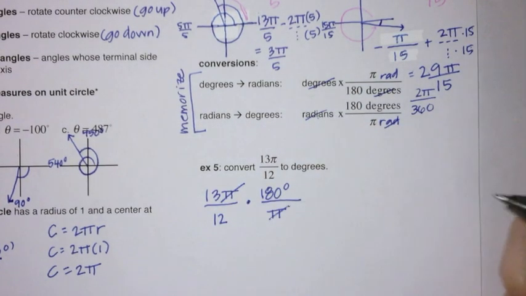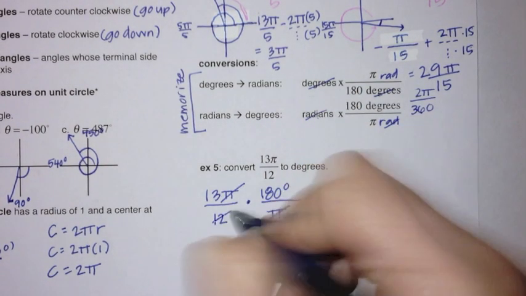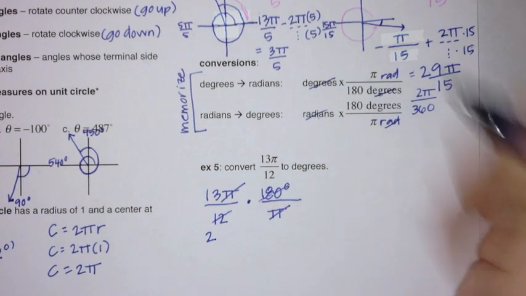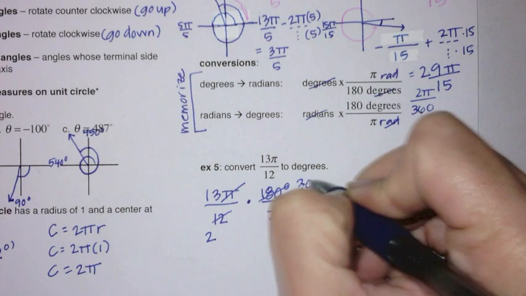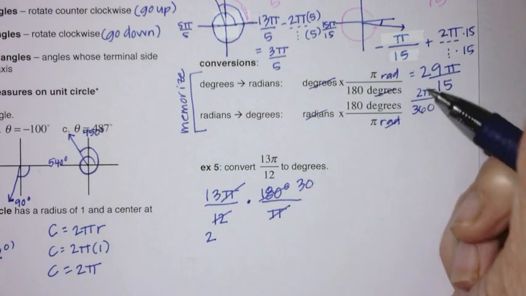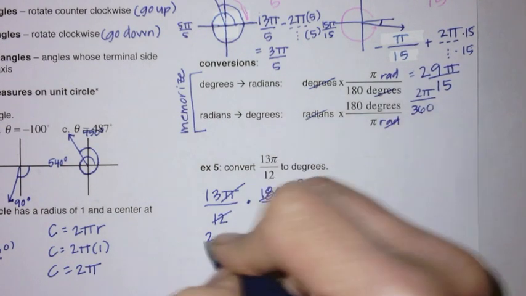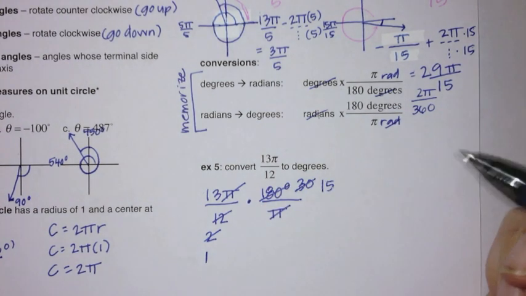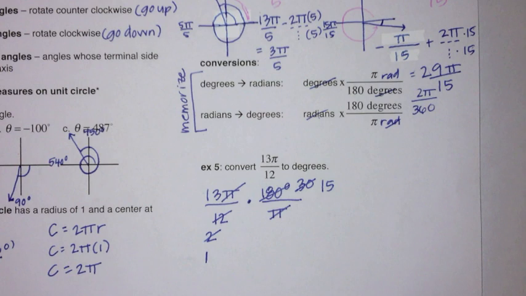So the pi's cancel out there, and then I'm like, oh, I know 6 goes into 12 2 times, and 6 goes into 180 30 times, but then I notice now 2 goes into 2 once and 2 goes into 30 15 times. So the math problem that I have left for myself is just going to be 13 times 15.